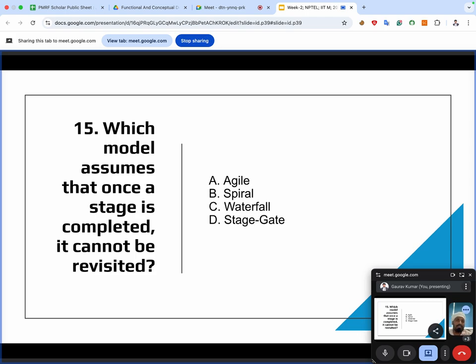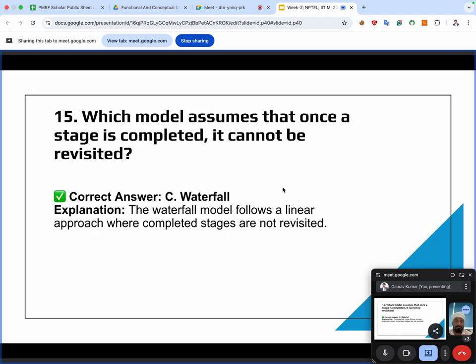That's why this is the right one. So once you complete a stage, you do not go back. So it is best for projects where requirements are very well defined up front, but it struggles in fast changing or ambiguous environments. So waterfall is the right answer, right?